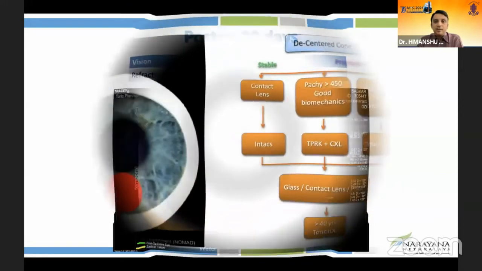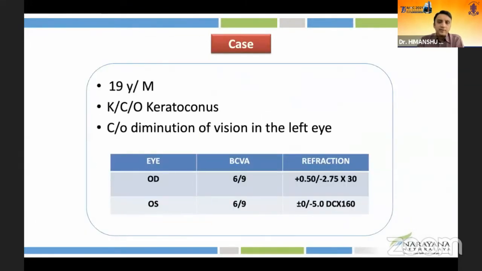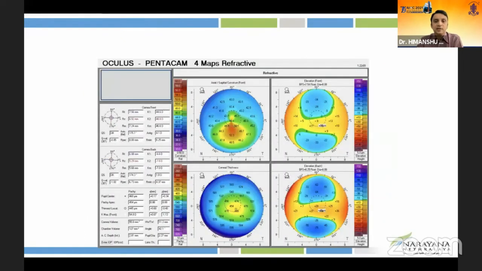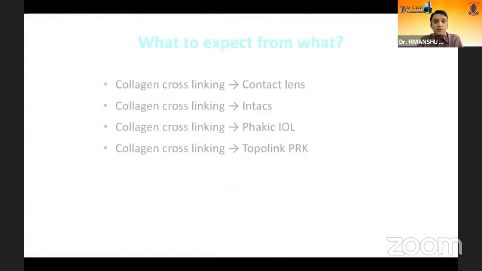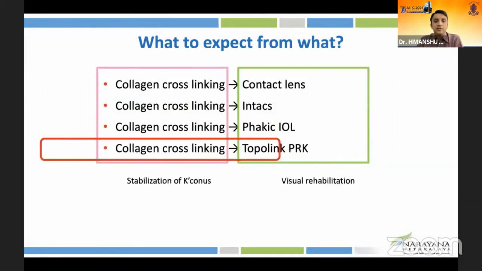Finally, we have a case where we have moderate to severe keratoconus. I would rather say moderate keratoconus, as Shreyas was showing us. In such cases, whether you're dealing with a central cone or a decentered cone, if my corneal thickness is decent enough, I would want to do visual rehabilitation using a topo-guided PRK.